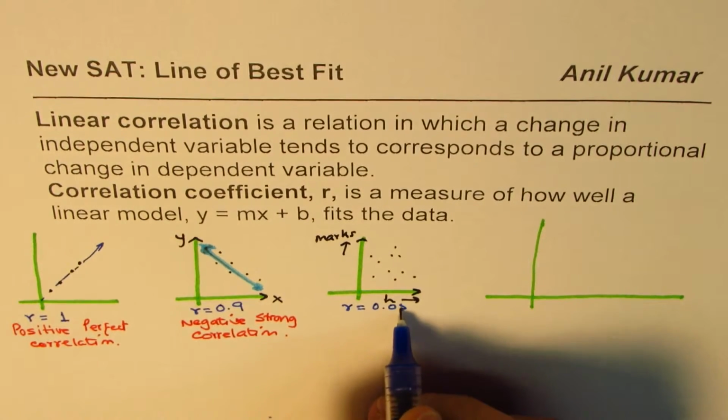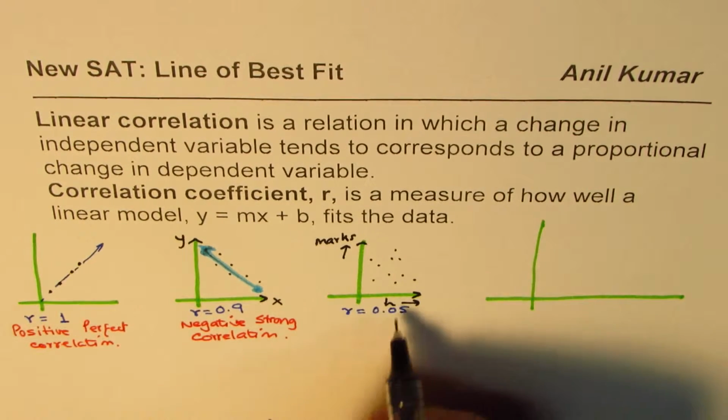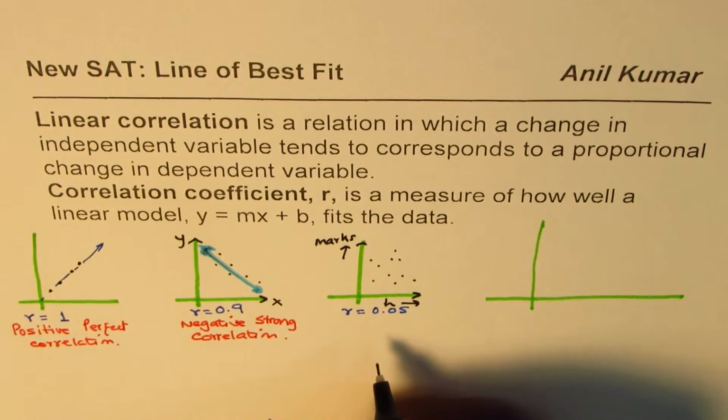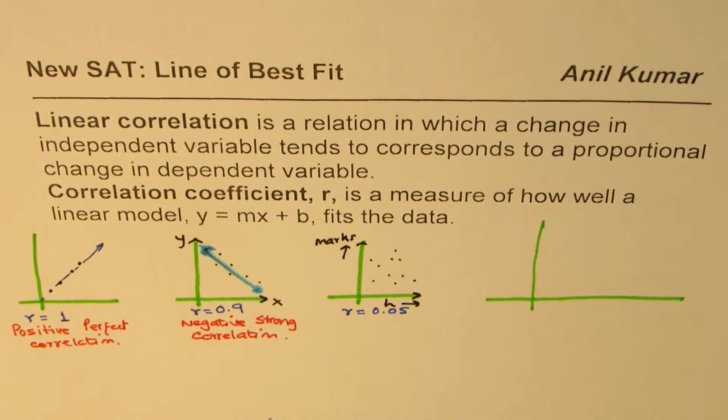We'll just write a value at random, 0.05, right? So this is as good as no correlation at all, or a very, very weak correlation, right? So this will be treated as preferably no correlation, because you cannot have a linear model to show this representation. And in this case, you can say that there is very little linear pattern which you could say about it, right?